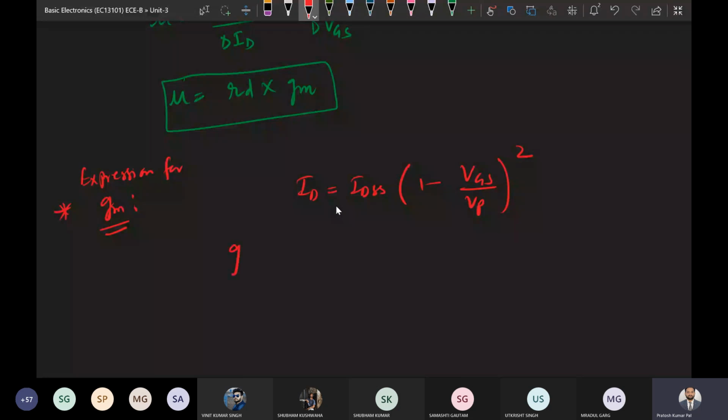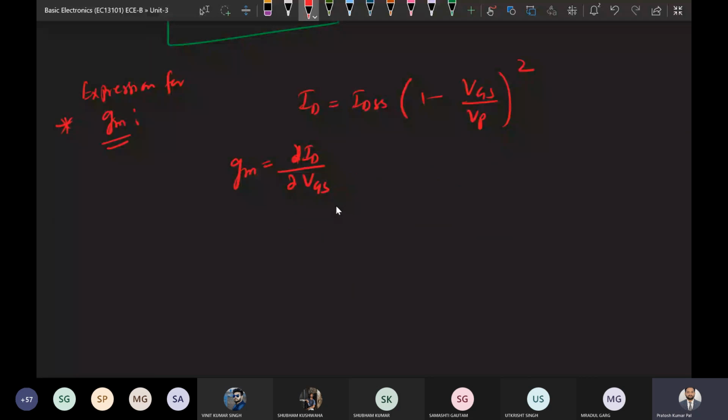GM is defined as change in ID divided by change in VGS. So we will differentiate this ID equation with respect to VGS.